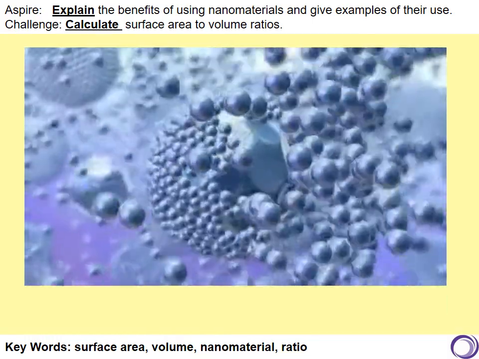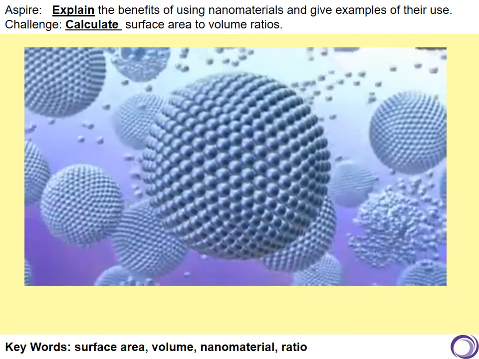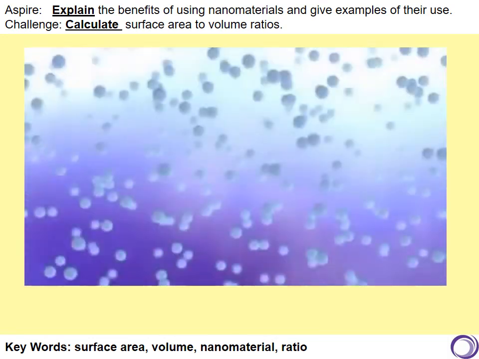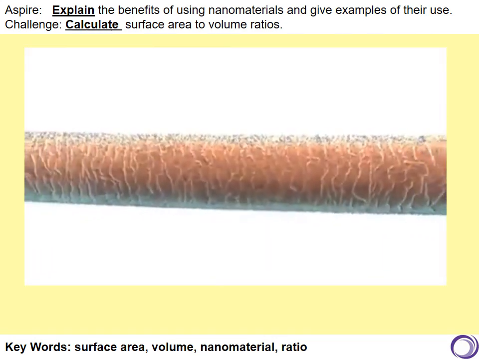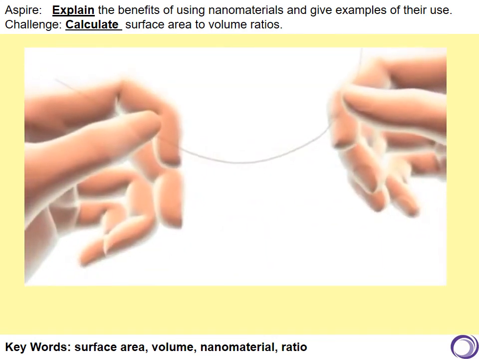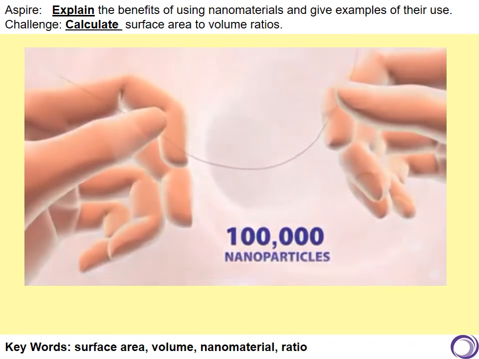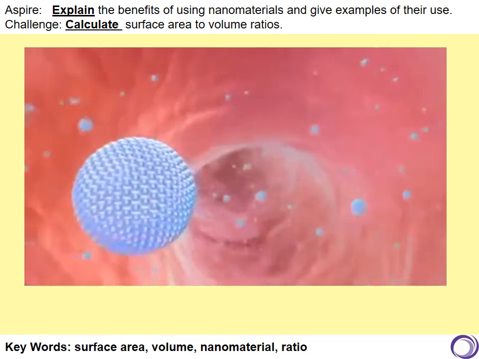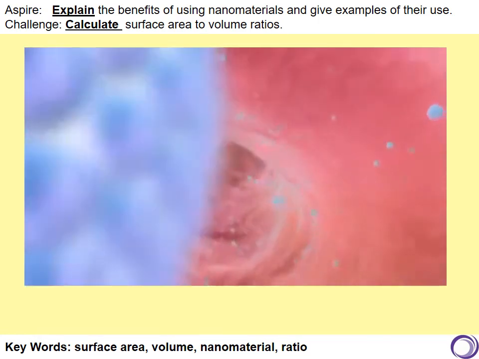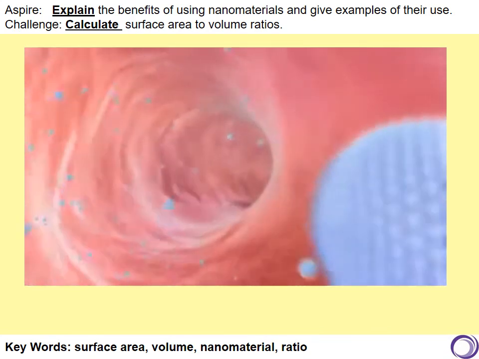Nanotechnology is a revolutionary new approach to cancer that's showing great promise. What is nanotechnology and how does it work? Nanoparticles are incredibly tiny, so small that 100,000 of them would fit on a single human hair. Nanoparticles can be administered to patients intravenously. They easily float through the bloodstream, seeking out cancer cells wherever they may be hiding.